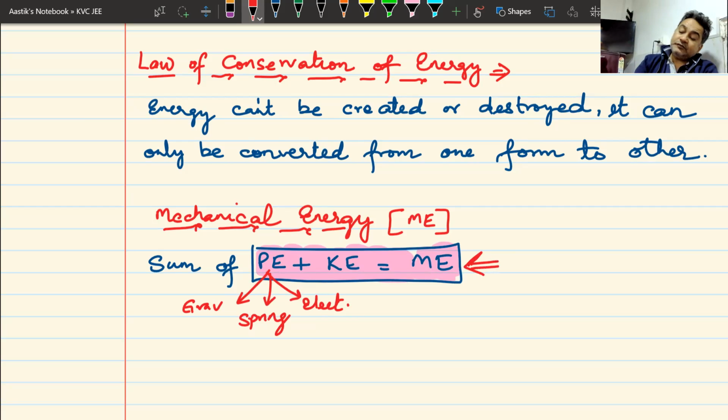Am I clear about this term, which is known as the mechanical energy of a body? Can I have some response that we understand this?